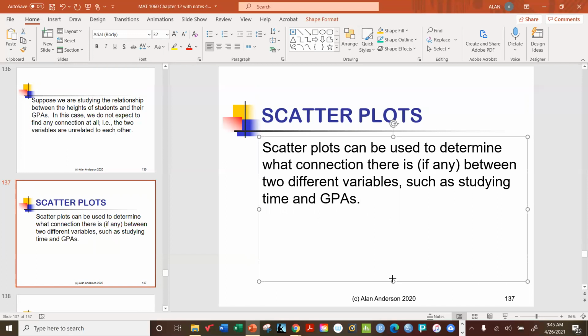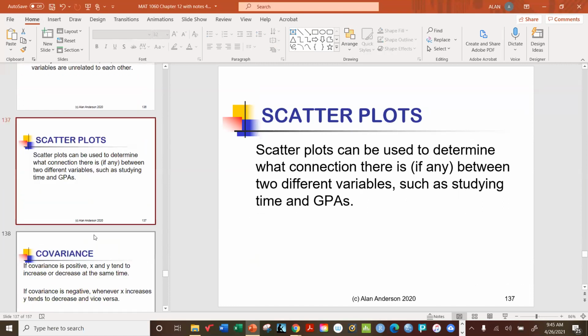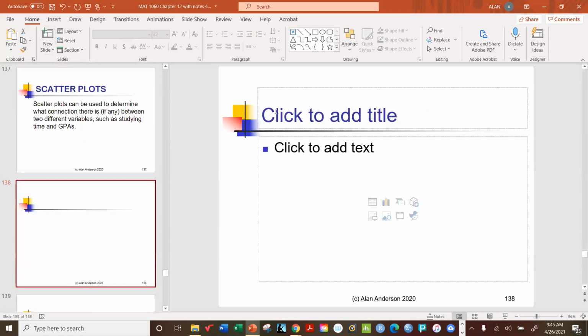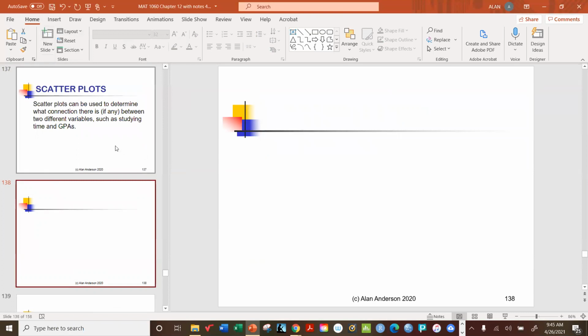And so we would like to look at these before we do anything else. So what do these scatter plots look like? Well, let me show you a quick example. Let's think about the connection between, let's say, GPAs and studying time.